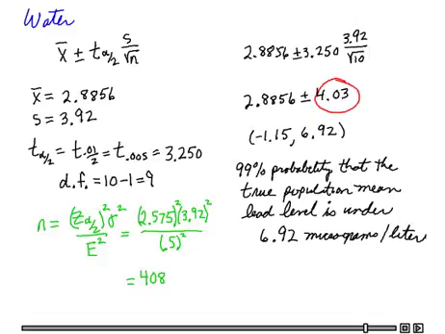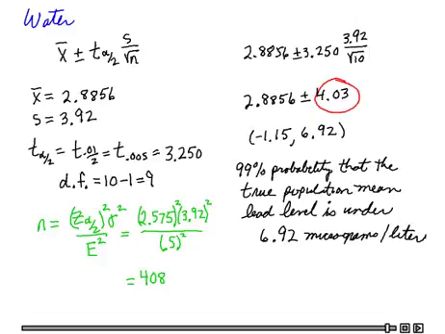So if I go into this neighborhood and collect another sample, and this time not of 10 but of 408, calculate the average on that sample, then that sample average will be within 0.5 micrograms per liter of the real population average.